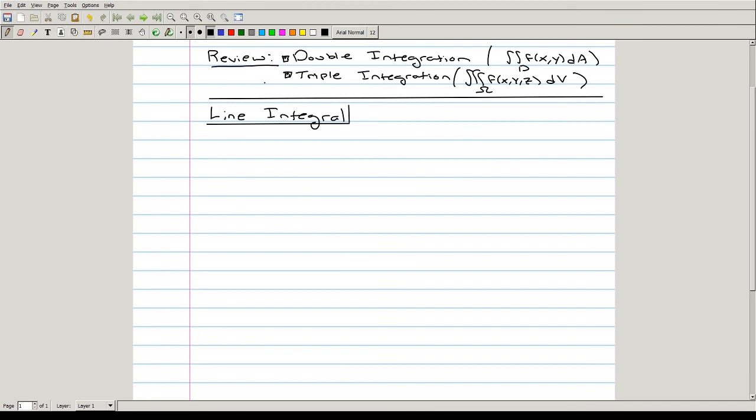And put quite clearly and simply, this is the integral of a scalar function or scalar field over a curve.